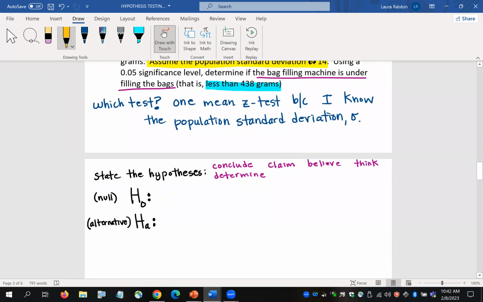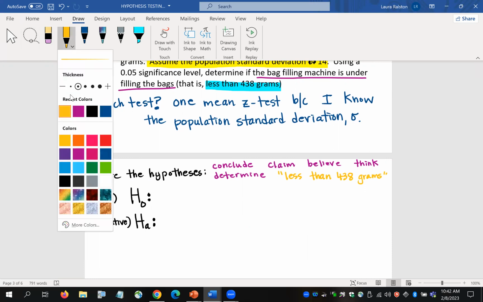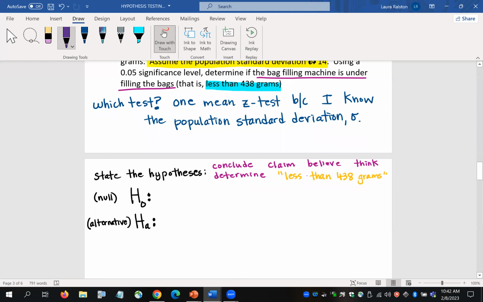The phrase is less than 438 grams. You, as the reader of this problem, have to decide, is that statement the null or the alternative?